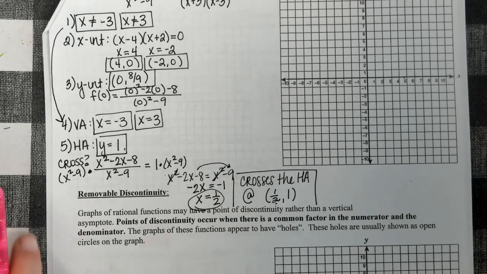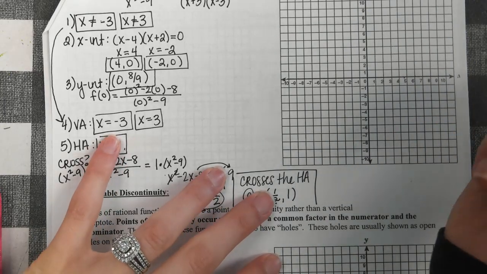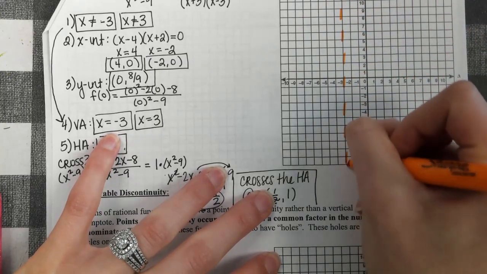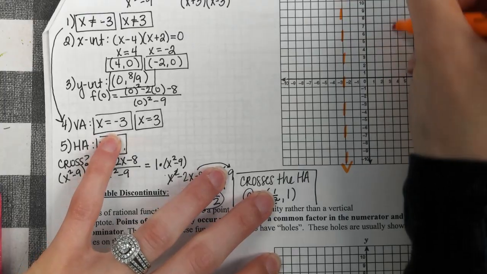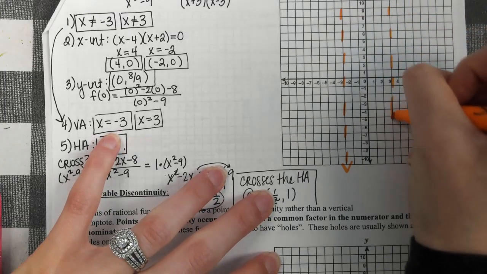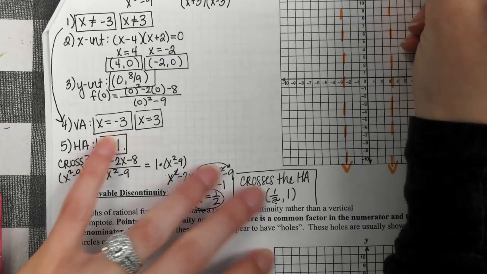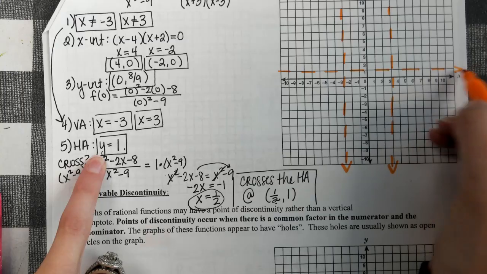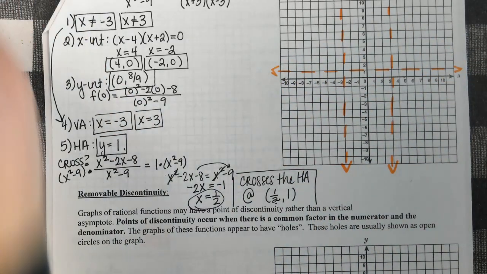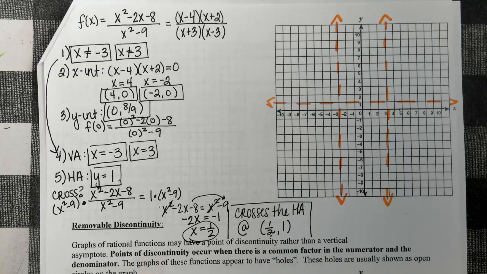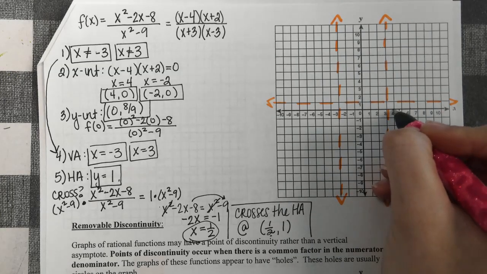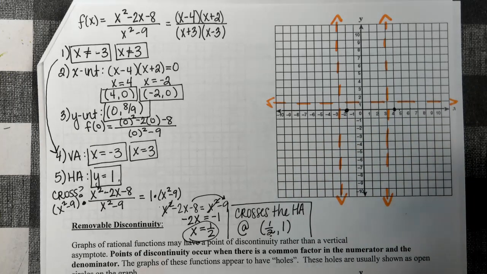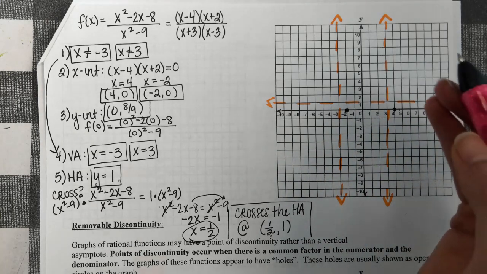So now I'm going to graph my vertical and horizontal asymptotes. That (4, 0) and (-2, 0) will be in my table, but I'm going to go ahead and plot them along with the (0, 8/9).